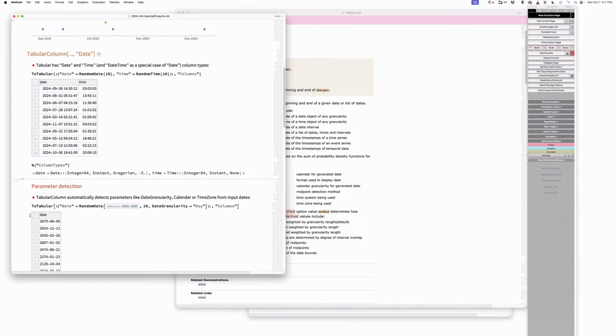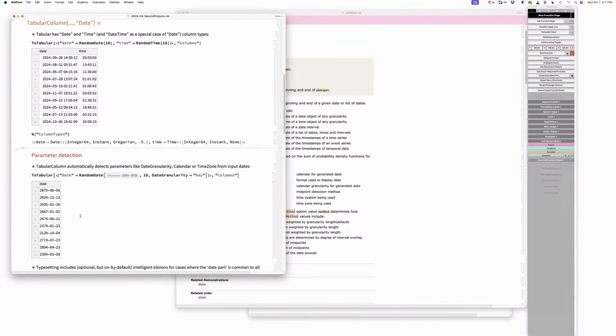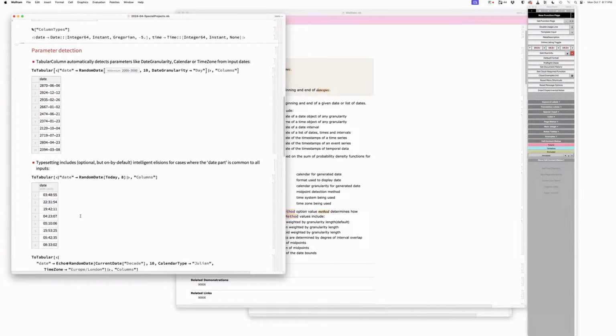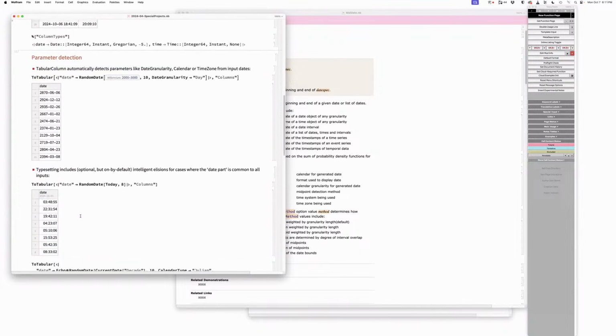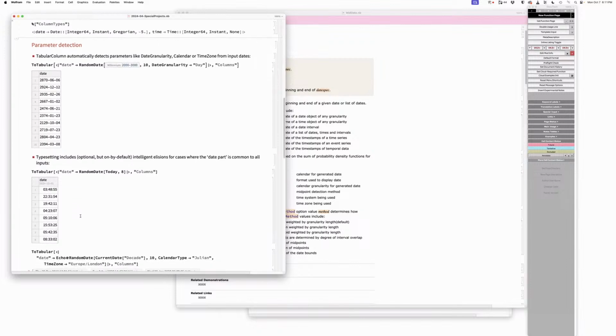Okay, tabular column. I see, it's deducing the type. Yep. So we have conveniences where it looks at the input and determines what the column type should be. It has some heuristics for conforming the dates. My gosh, can it really do that? It can.